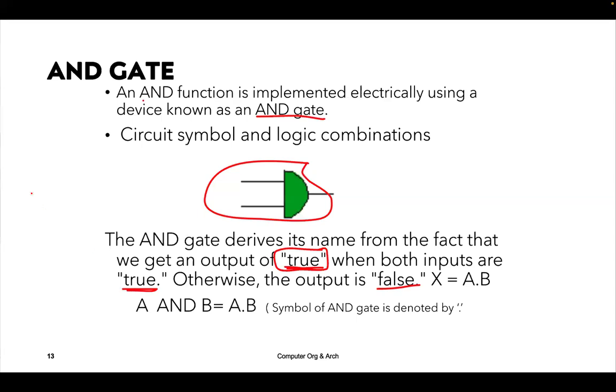And you know that our true is represented by 1, and then the false is represented by a 0. So now in this case, if the output is true, then this can only be possible if input 1 and input 2 are both true. That is like here, if we have 1 and 1, obviously this is going to be 1. But in this first scenario where you have 1 input and then another input is false, then obviously the output must return a false or a zero.